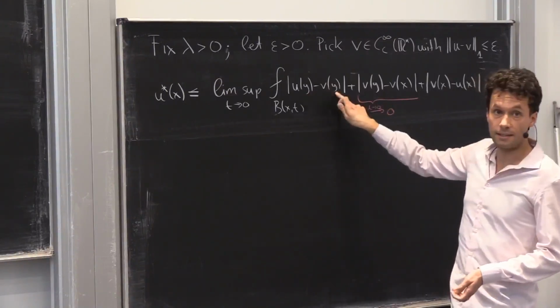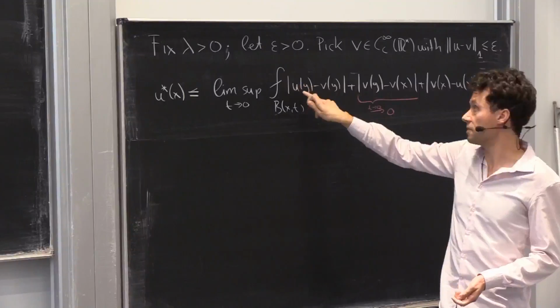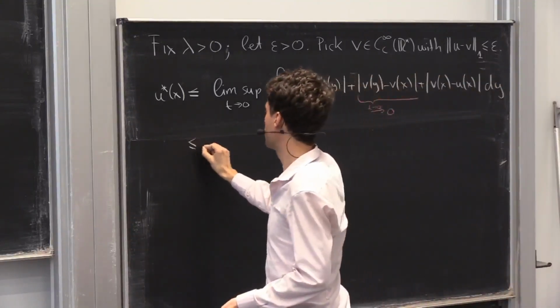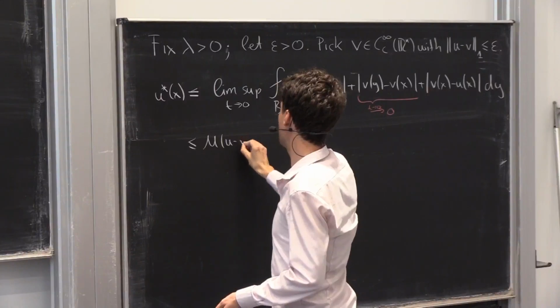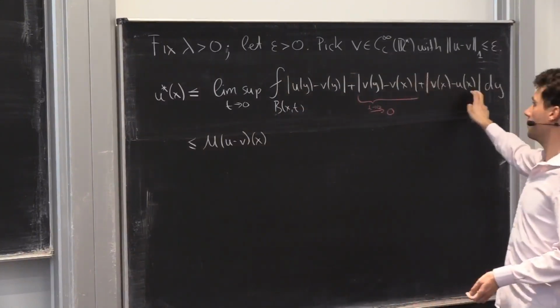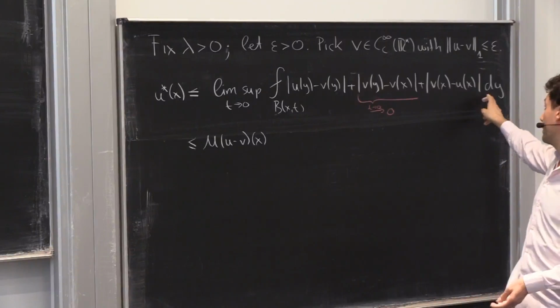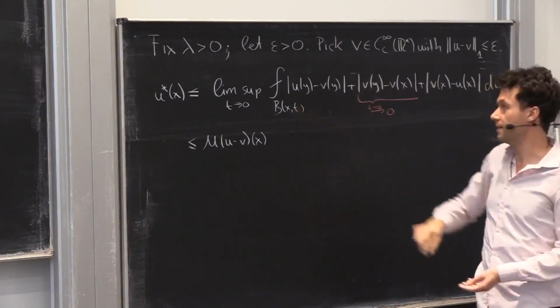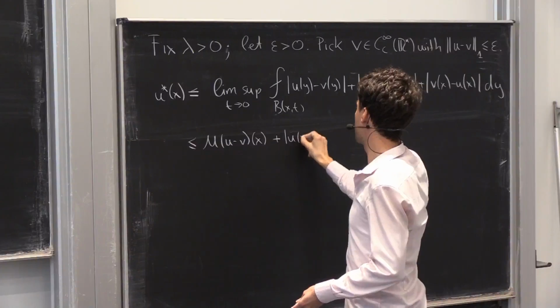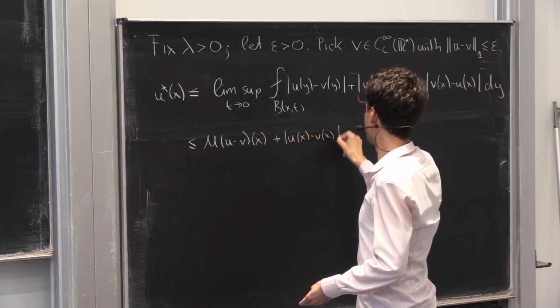Now this thing here, this is just averages of u minus v. I can bound it by the maximal operator. So this is less than M of u minus v at x. And that guy over here doesn't even depend on y, let alone the scale t. So this is just u of x minus v of x.